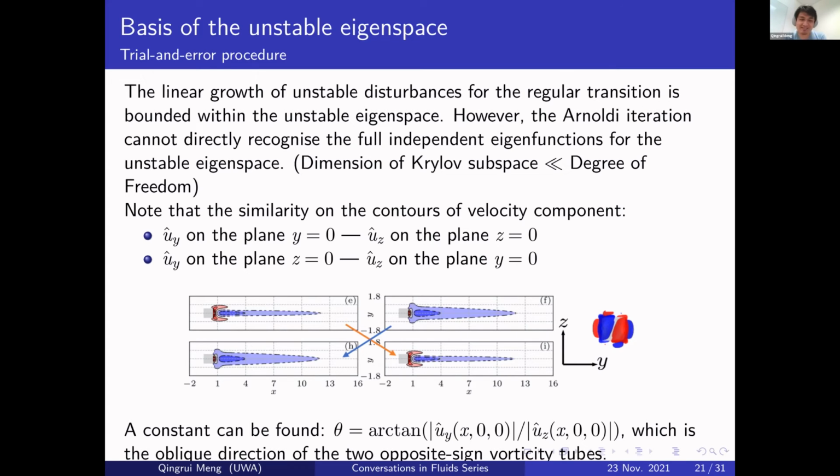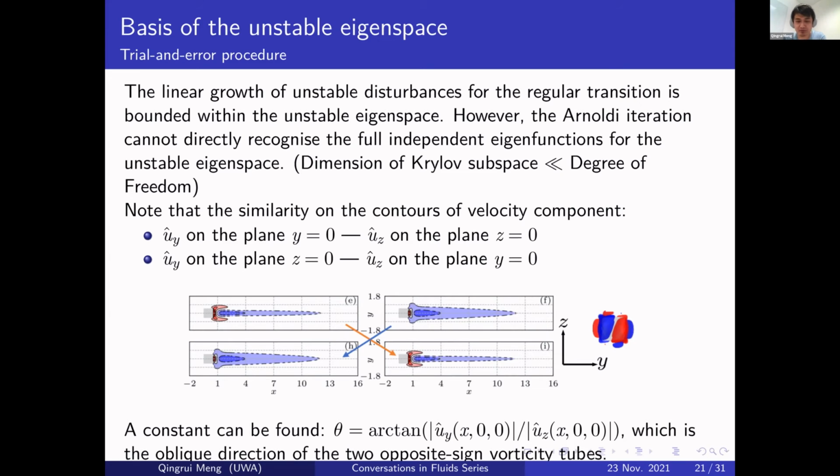Based on this information, we did some calculation, and we found uy and uz are actually proportional to each other on these two slices. So we can define a constant, and we can use this constant to represent this eigenfunction.